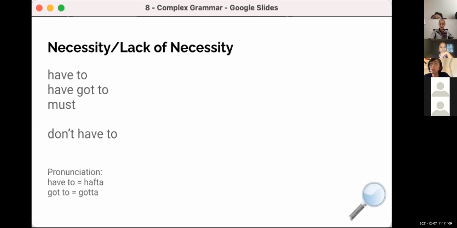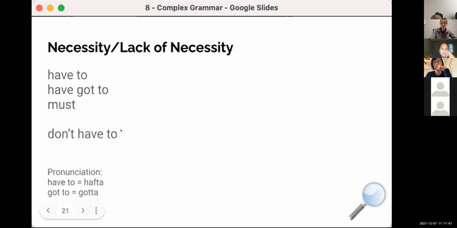It's not the law to drink the coffee, but it's so good. It's like my advice, but even more than advice, it's going to change your life. You have to. Have got to carries a little more weight behind it. It's a little bit stronger to show that something is really important or necessary. Have to, have got to, and must are our modals for necessity.